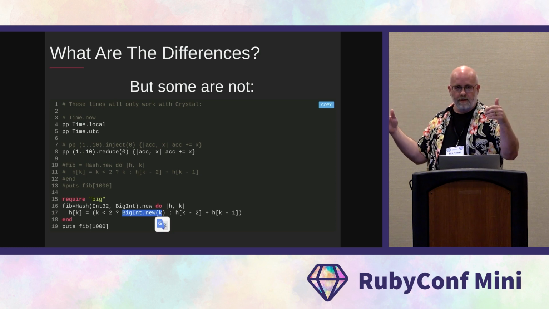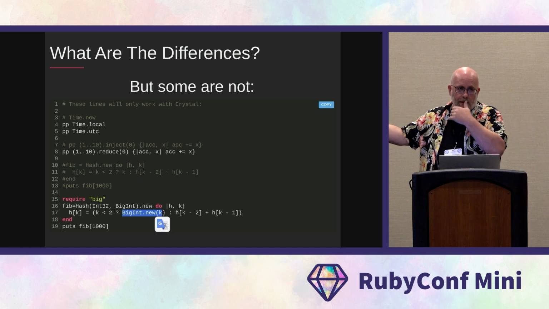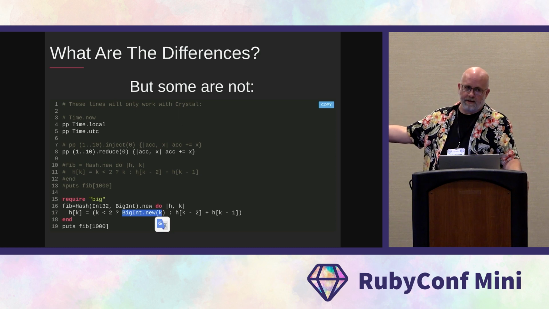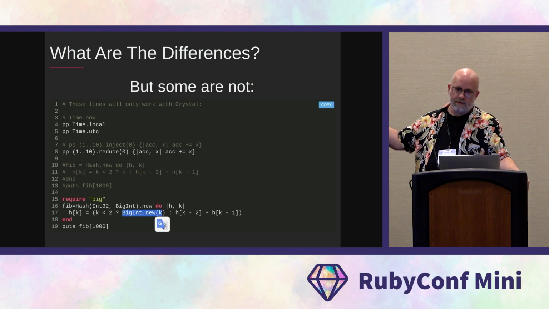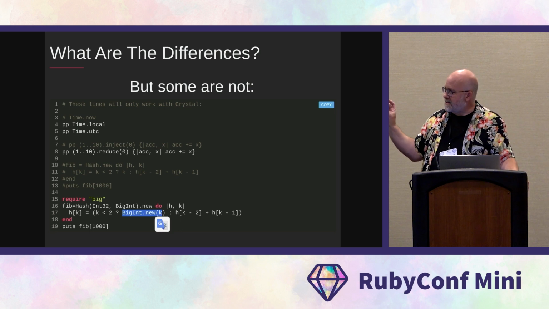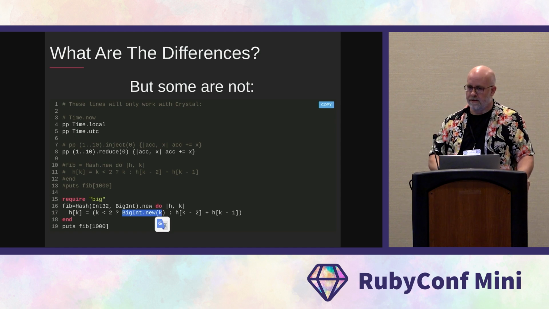If you have an integer and a float, it will say, okay, I guess the whole thing needs to be a float. Well, because we have a big int and regular ints, it's going to say, okay, the whole thing needs to be a big int, and so it converts it all to big int. So it can stay nice and terse and concise, but you do need that little bit of extra typing information in Crystal that you don't need in Ruby.